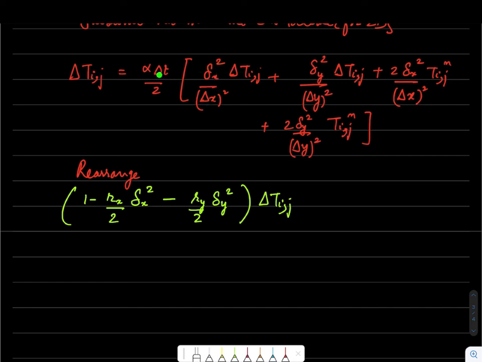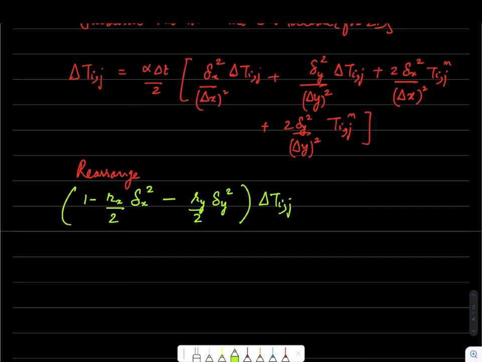So we'll have alpha delta t by 2 delta x square, which is actually rx by 2, into the operator del x square, and then from the second term alpha delta t by delta y square, which is ry by 2 into del y square, that goes on the left hand side.